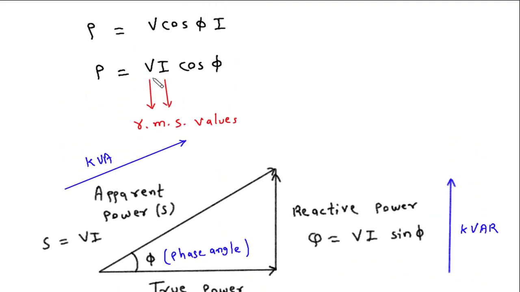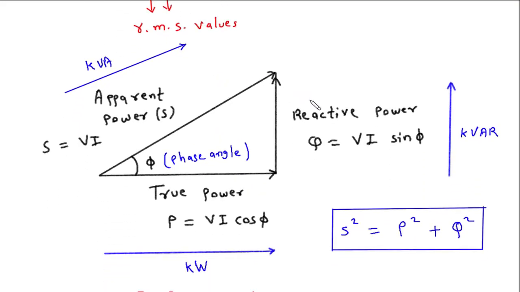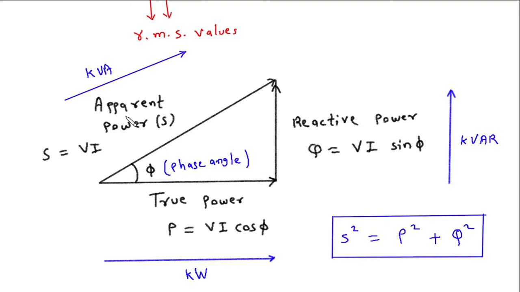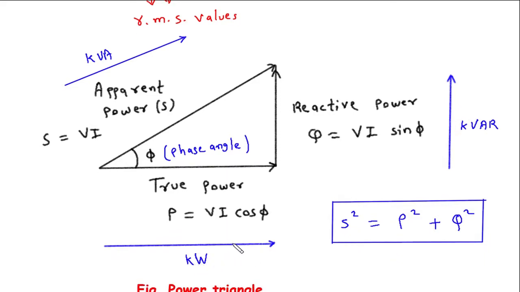And reactive power Q is equal to VI sin phi. The unit of apparent power is kVA, the unit of reactive power is kVAR, and the unit of true power is kW.